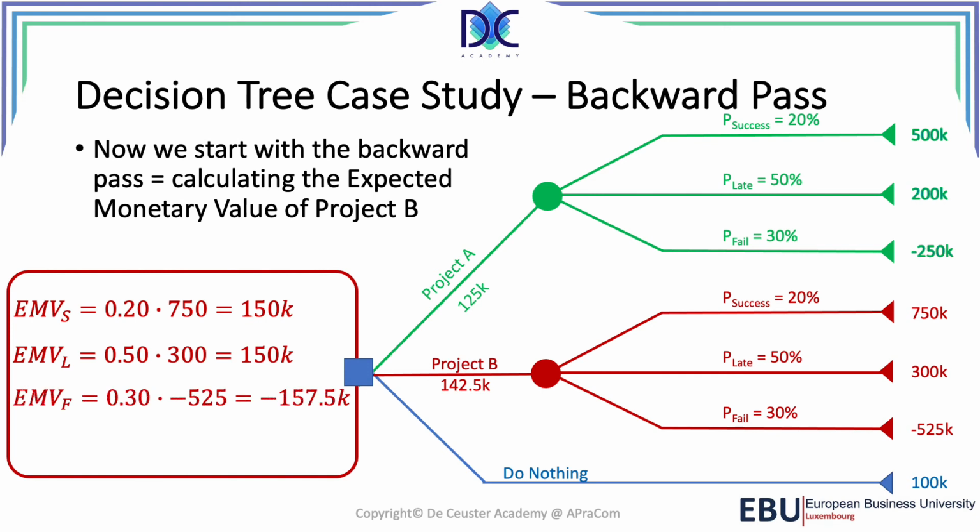And the expected monetary value for failure is minus 157.5k. When we add all of them, we find an expected monetary value totaling 142.5k.